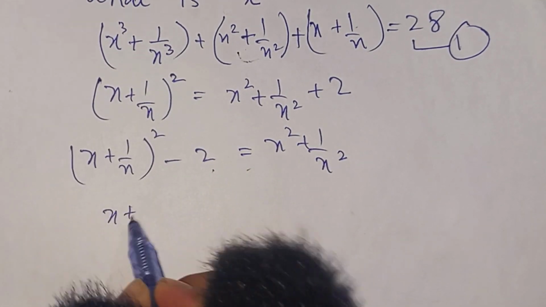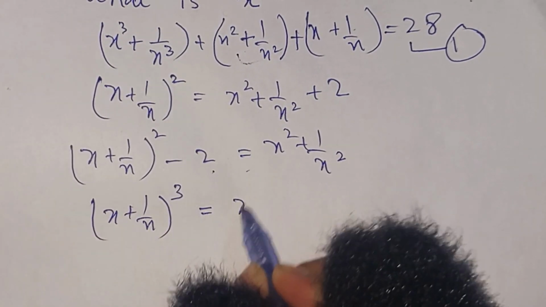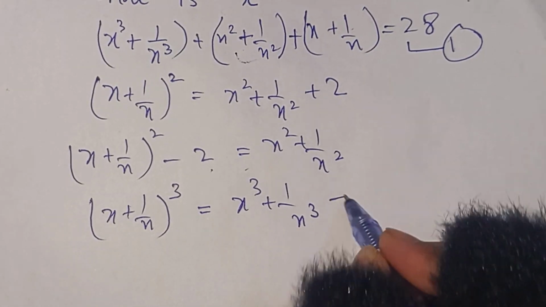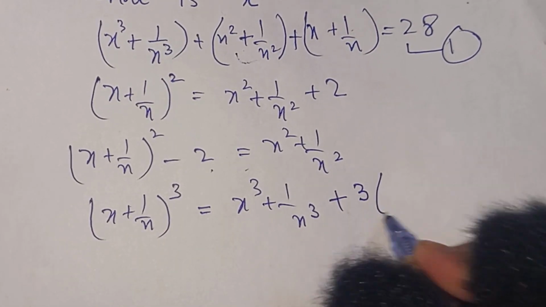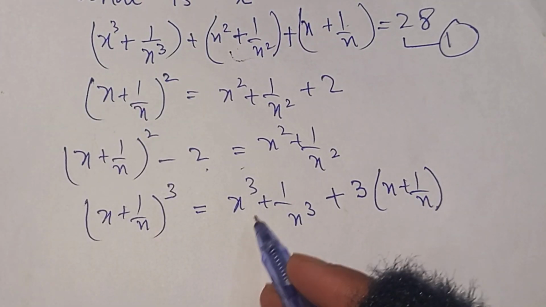We know that (x + 1/x)³ is equal to x³ + 1/x³ + 3 multiplied by (x + 1/x).